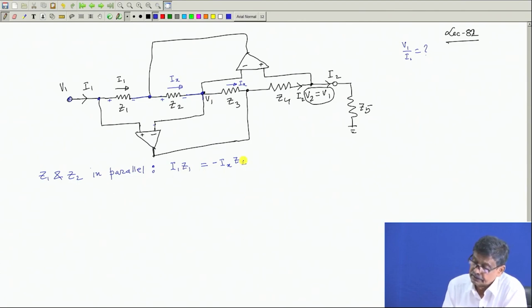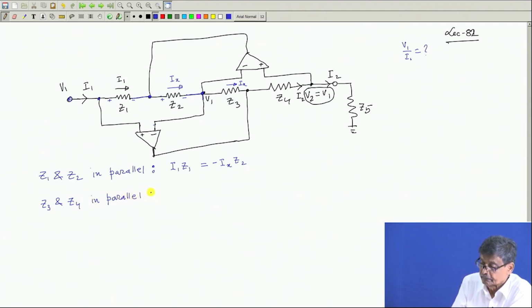This is one equation. Similarly, we conclude that Z3 and Z4 are also in parallel. Why are they parallel? Because this is the common point of Z3 and Z4, and the other point of Z3 and this point of Z4 have a voltage difference of 0 between them. Therefore, they may be considered to be in parallel.